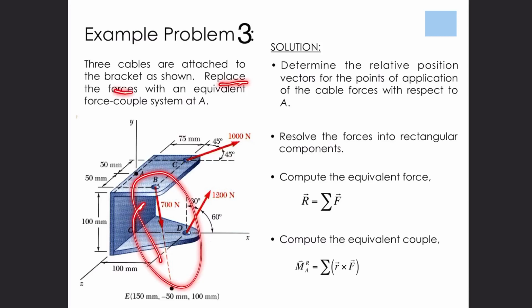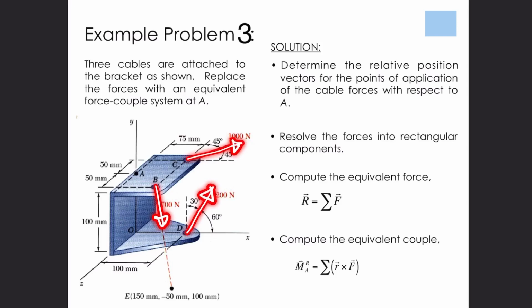Replace the forces with an equivalent force couple system at point A. Instead of these 3 forces located at different points in the bracket, ato daw siya i-resolve into a force and couple at point A.